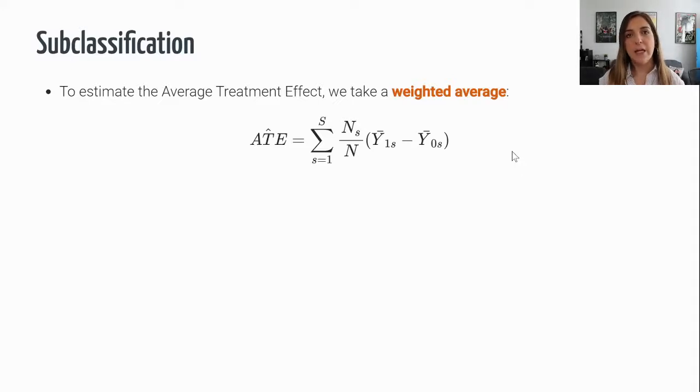That means a stratum that has a larger number of units will weigh more than a very small stratum, so they're not weighed the same. So the estimation of the average treatment effect in this case will be a weighted average of those smaller average treatment effects.